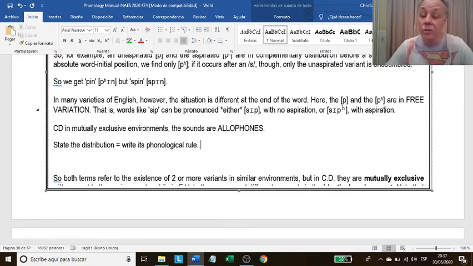We are doing rules. Right? Its phonological rule has to do with Unit 3. We need to know how to write rules. Okay? Whenever we find allophones, we need to write the rules. Where does each allophone occur? Does it occur in intervocalic position, before a nasal consonant, after a nasal consonant? Where does it occur? Okay? That will be it.